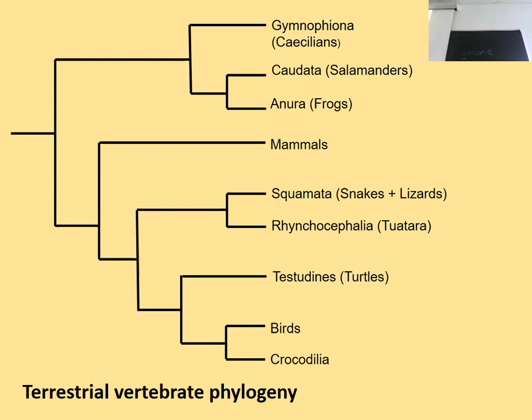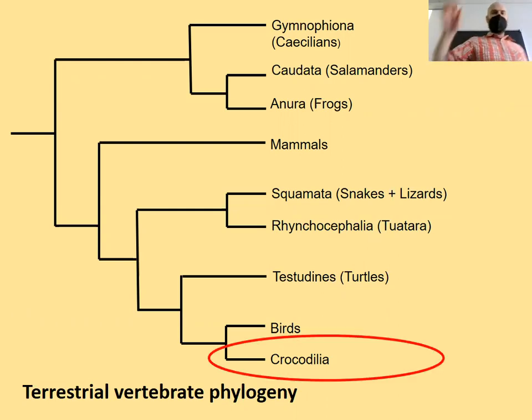Remember that crocodilians and birds are each other's most closely related living relatives, and that the next closest group is actually turtles. So that means that turtles are more closely related to birds than they are to squamates, snakes and lizards, which is counterintuitive in a lot of ways because birds seem like they're very different compared to turtles, but they're in fact the sister group to crocodilians and birds, which is called archosaurs.